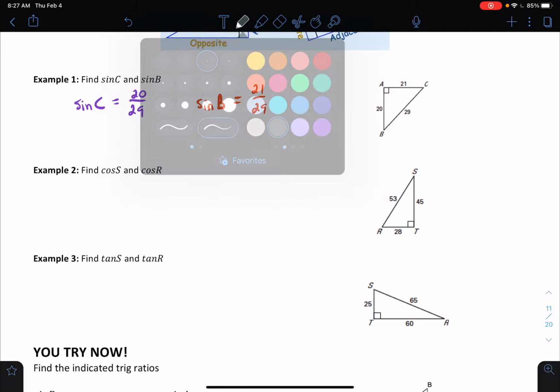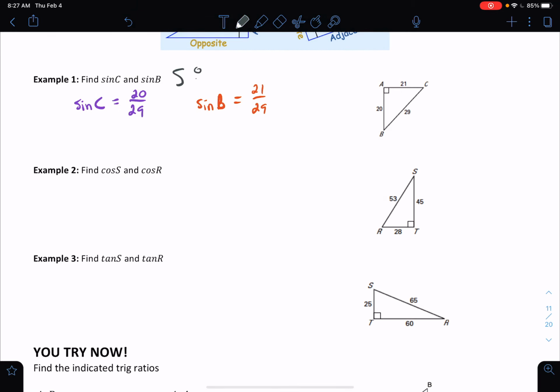So that's the sine function. If you remember, sine is opposite over hypotenuse, SOH. Cosine is adjacent over hypotenuse. So cosine of S equals, this is our theta. Adjacent to that is the 45.